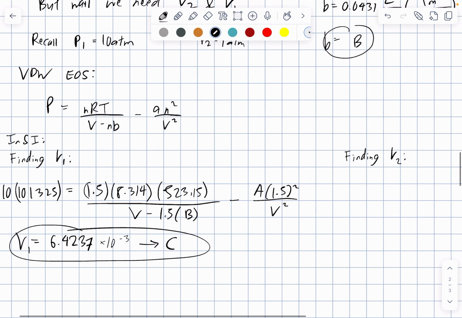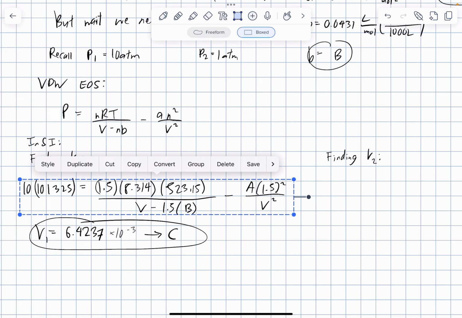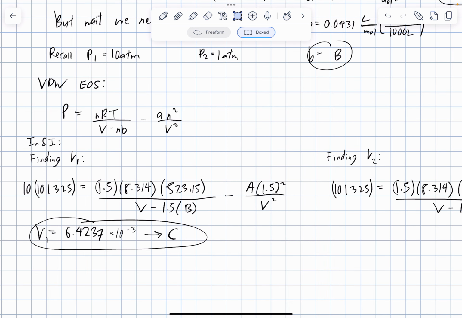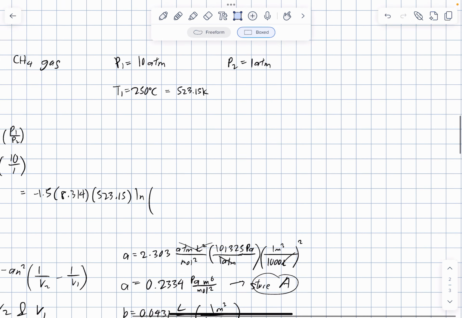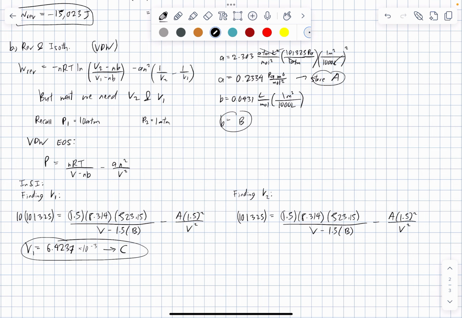For V2, honestly, it's the same thing. So 101325 is our P2, no? This one. So everything else is the same. I'll recalculate. 101325 equal to 1.5 times 8.314 times 523.15 over x minus 1.5 times b, minus a times 1.5 squared over V squared.